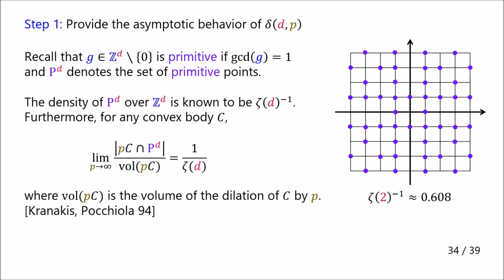Here, the points in purple represent primitive points. Furthermore, it is known that for any convex body C, the density of primitive points over lattice points restricted to the region defined by the dilation of C by P converges to the inverse of zeta D again. So we can use this result.